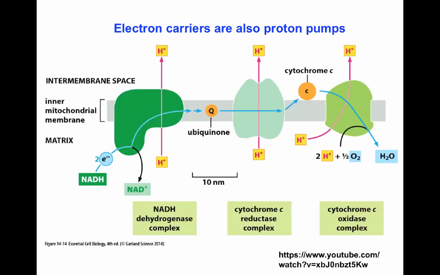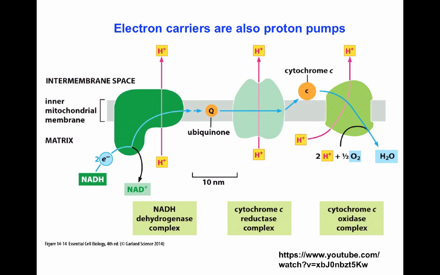So let's take a look at some of the electron carriers that are present in the inner membrane of the mitochondria. We're going to be showing here three major complexes. Though the book doesn't show it, I'm going to show you also another complex that is present. The first complex is going to be the NADH dehydrogenase complex. As the name implies, that is the complex that is going to receive the electrons from NADH.